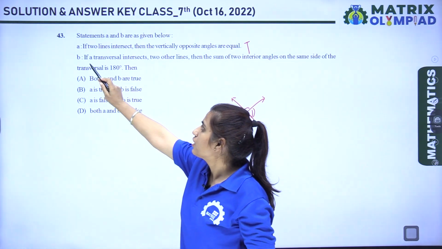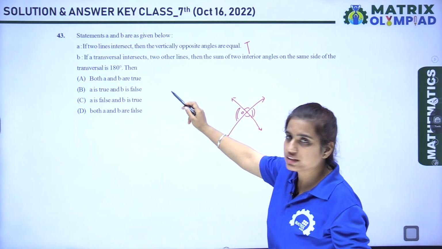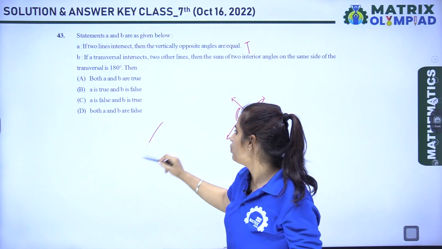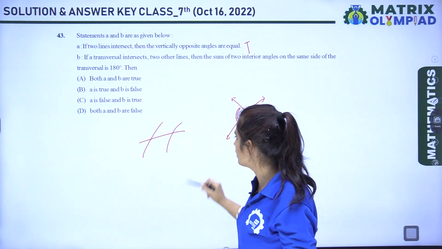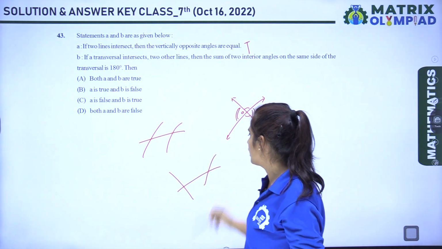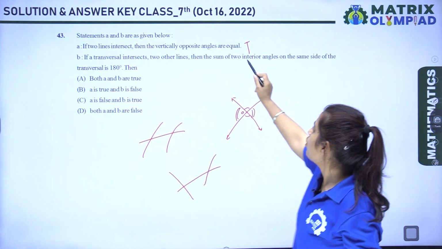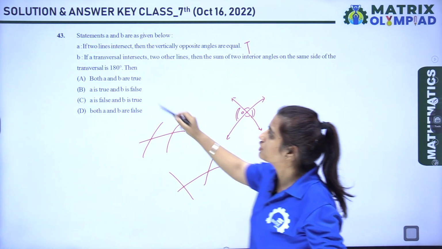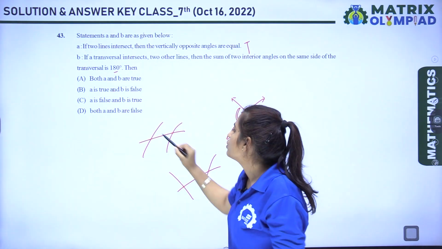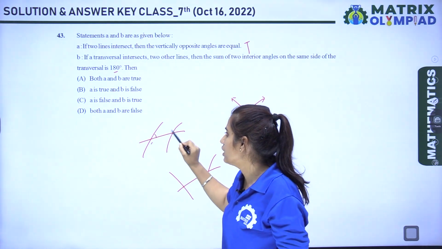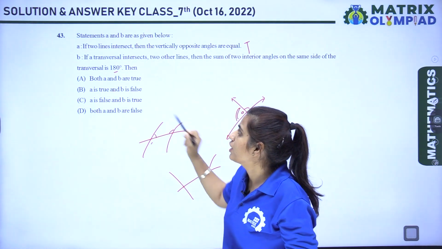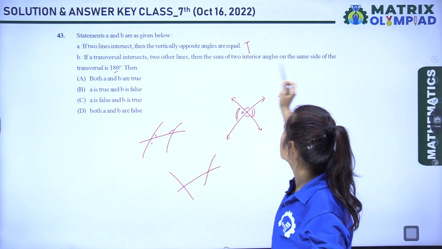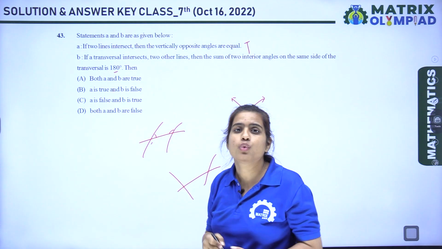Next statement is, if a transversal intersects two other lines, it can be any two lines, you can say like this, then the sum of two interior angles on the same side of the transversal is 180 degrees. So it is not compulsory that whenever a transversal intersects, the sum of the interior angles on the same side will always be 180 degrees.